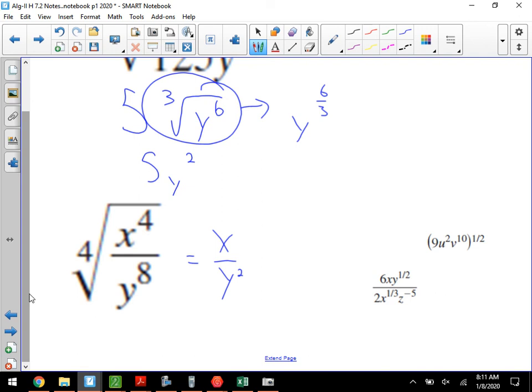Remember, if you rewrite these things, your nth root is always the denominator. The exponent is the numerator. All right?